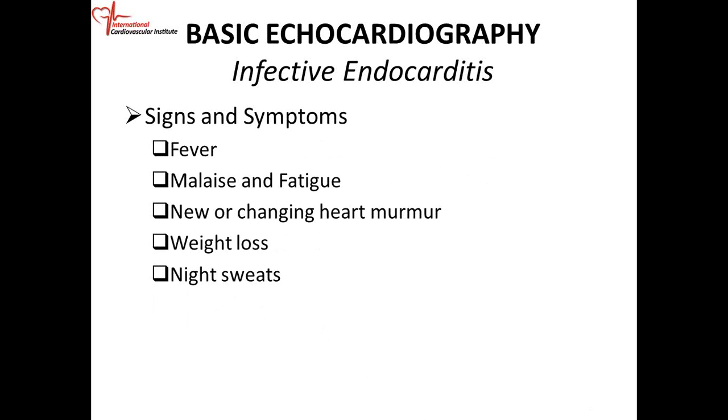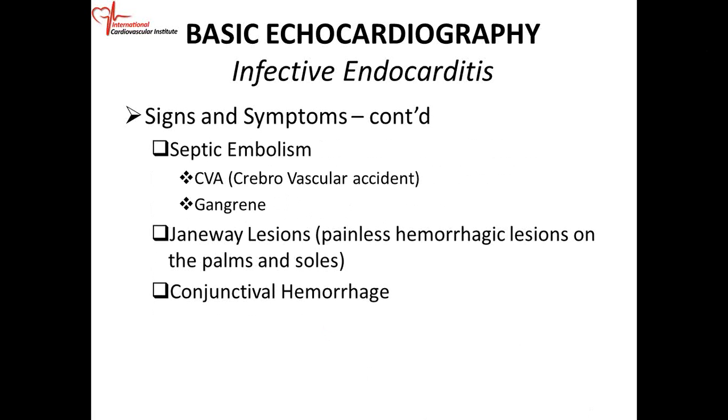And weight loss. So if they have had this infective endocarditis for some time, there will be weight loss because it's now going into the realm of a chronic infection. Night sweats is also a common presentation.